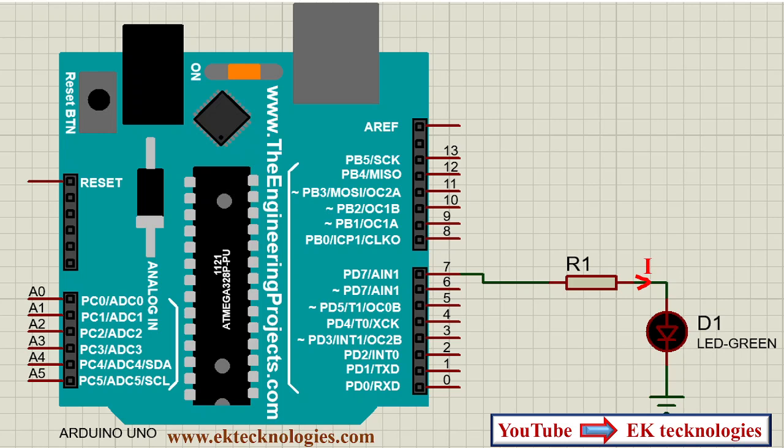Then our pin number 7 gives out 5 volts, which is represented here as V out from our code, which we attributed a high state at this pin. Then there will be a voltage drop across the resistor and the voltage drop across the diode.